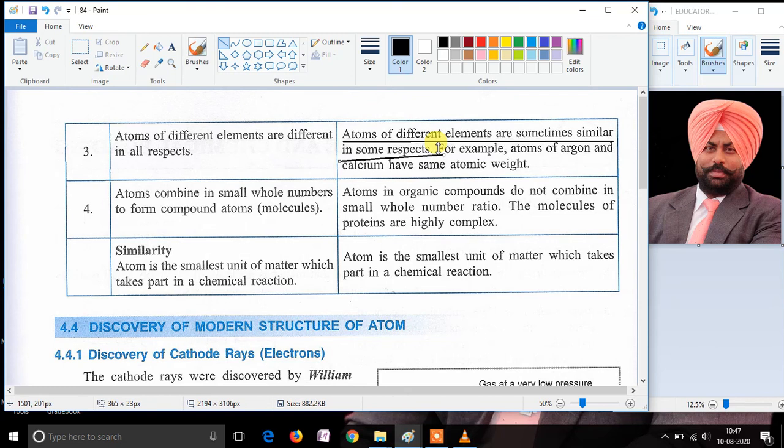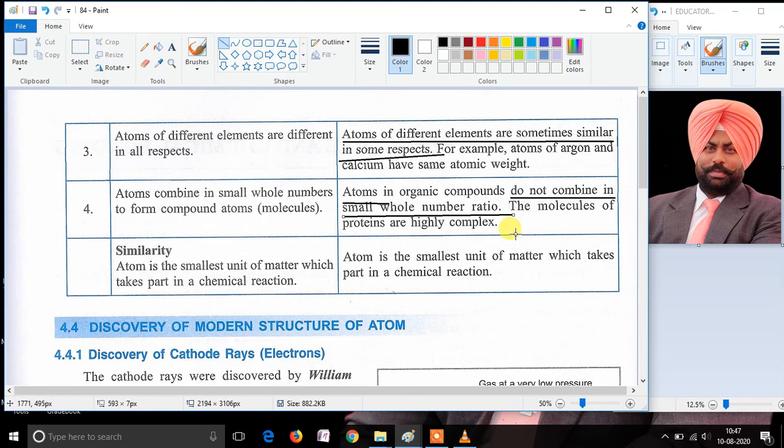The fourth point of the modern atomic theory says the atoms may not combine in a small whole number ratio. The meaning is that the combining ratio can be bigger, need not be a small whole number ratio, while Dalton said that the combining atoms should be in a small whole number ratio.